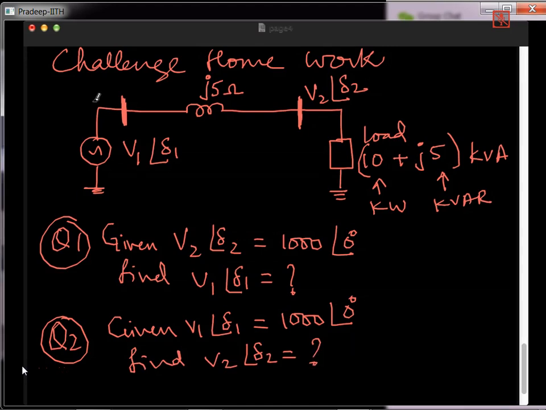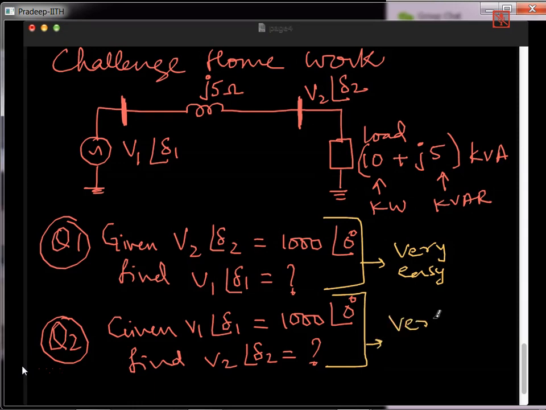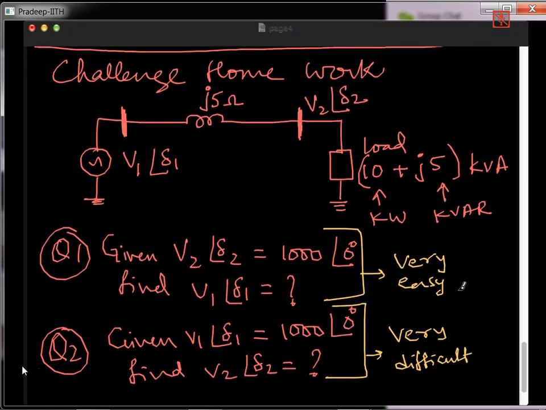So basically the network is the same, just that in one case V1 is given and you find V2, and in the other case V2 is given. What you will notice is that this one is very easy, and this one is very difficult. So try to solve this problem and send me your answers.